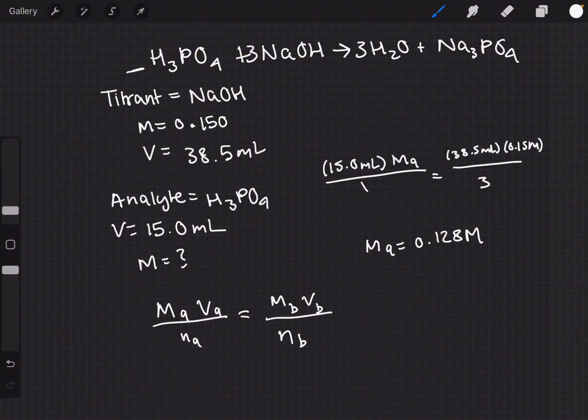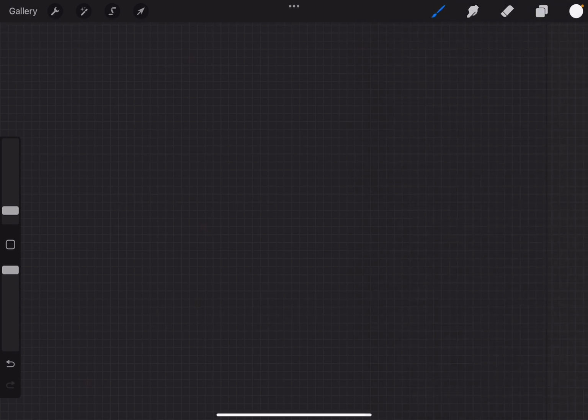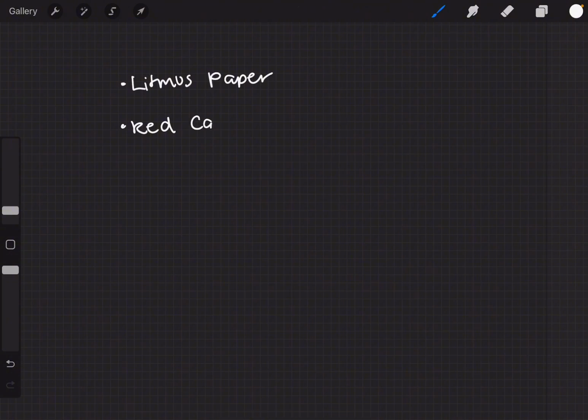And then other than titrations, know a couple other examples of indicators. I'll just write them out real quick. So you obviously have litmus paper, red being for acid, blue being for base. You have your red cabbage juice. If you guys have taken AP Bio, we did an experiment with this in class.